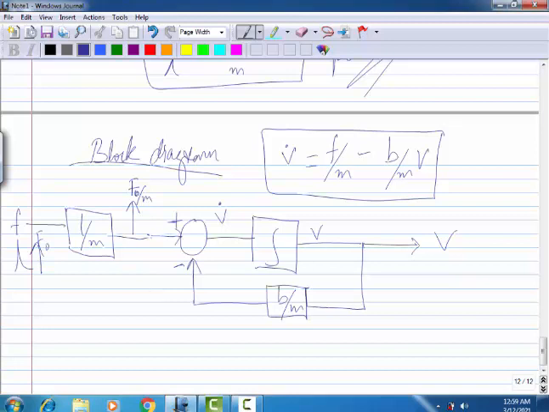So velocity is initially 0, and no feedback is working at that point. So it jumps here and becomes again F naught divided by m. Now when I integrate F naught divided by m, it becomes a step with F naught divided by m. This means that at time 0 plus it becomes F naught divided by m.